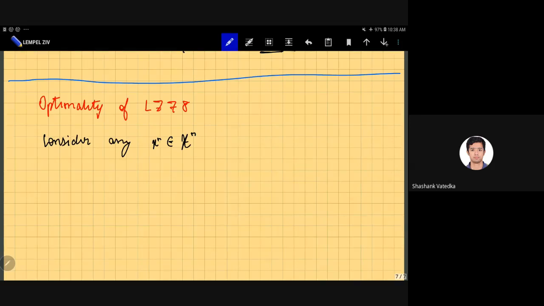So consider any long sequence. For any positive integer k, which is much smaller than n, think of k as a large enough constant and n tending to infinity. That's the way to think about these two integers k and n.